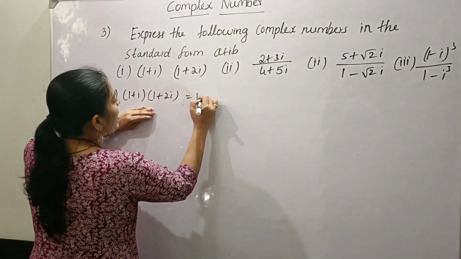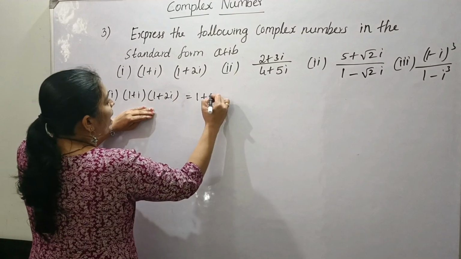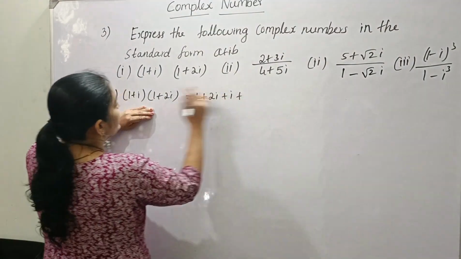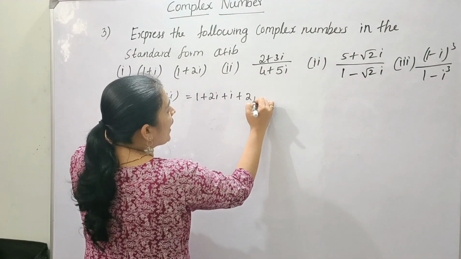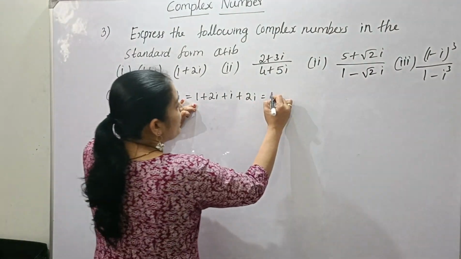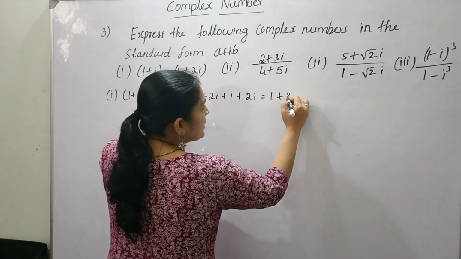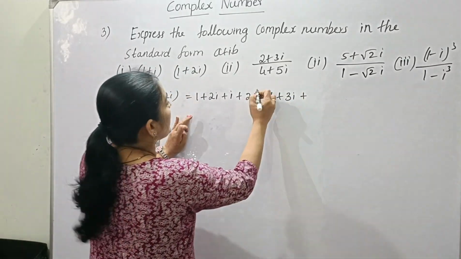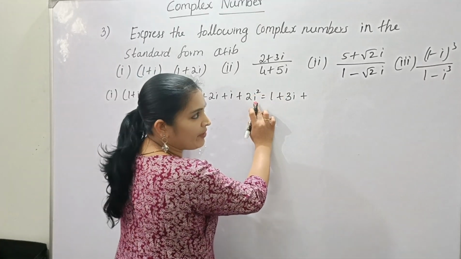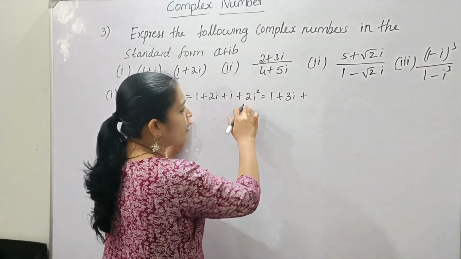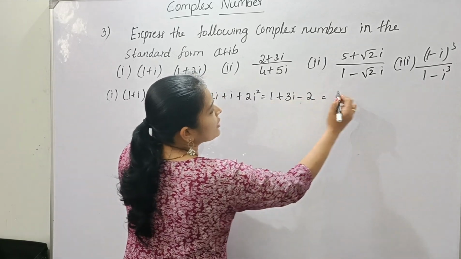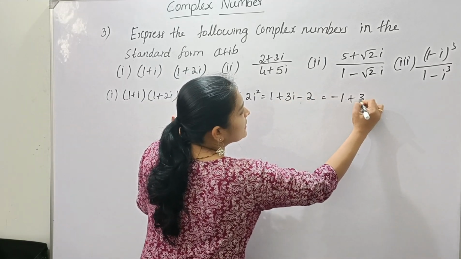So 1 into 1, plus 1 into 2i, 2i, plus i into 1, i, plus i into 2i, 2i square. 1 plus 2i plus i, 3i, plus 2i square. So i square value is minus 1, minus 1 into 2 is minus 2. That is equal to 1 minus 2 is minus 1 plus 3i.